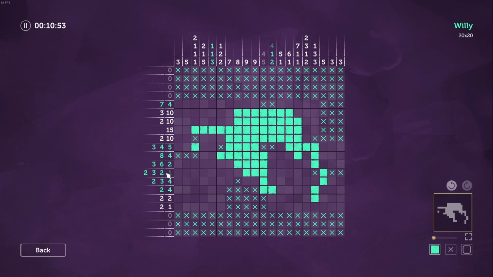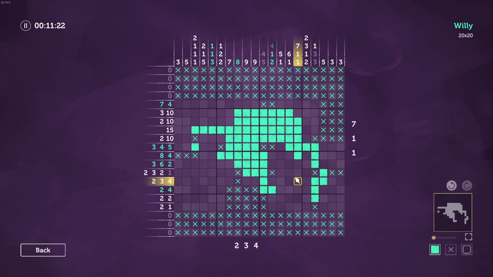The largest term in this row is the 3, so that can't extend anymore, that must be the 3. This final one here must be a 4, so even if it's as right as possible, 1, 2, 3, 4, that finishes the 3 in this column.